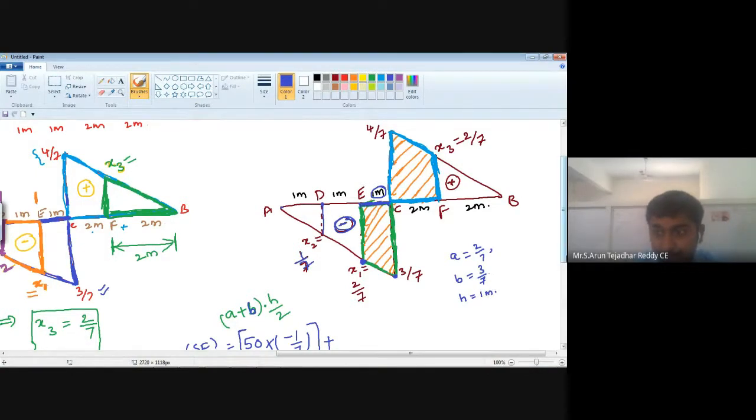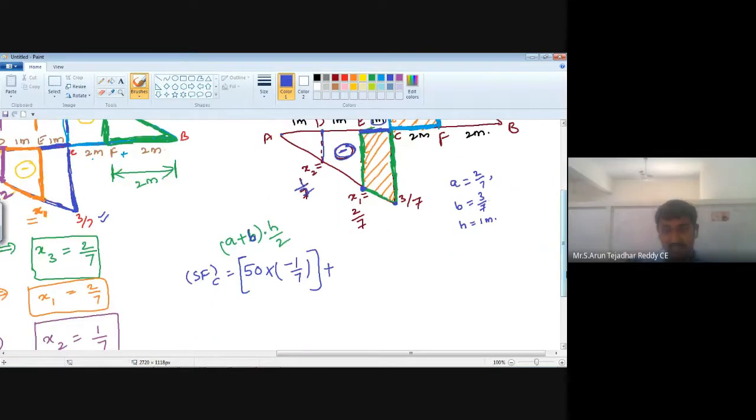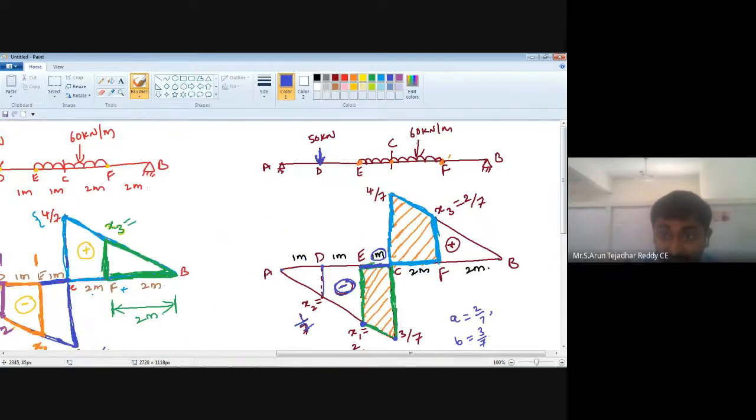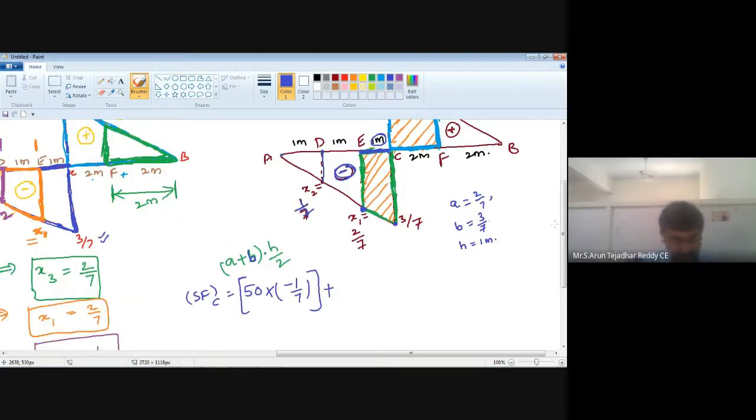But this is in the downward portion, so take negative value. And here the given load is 60 kilonewton per meter, so I can write 60. This is the load.